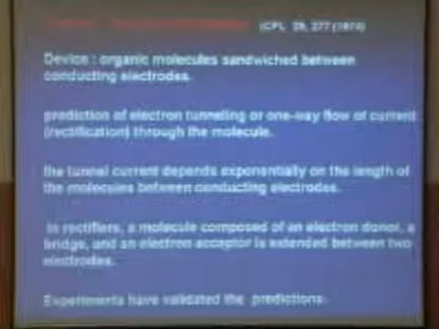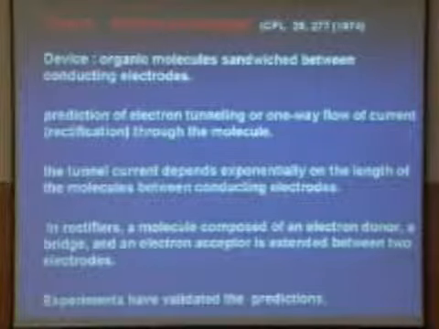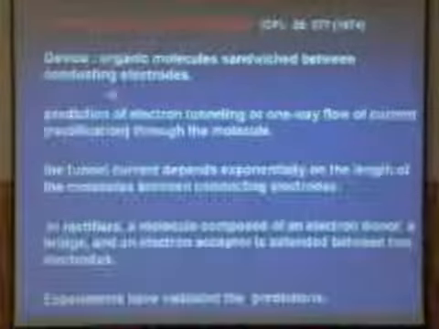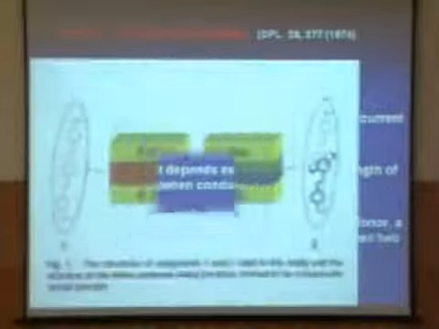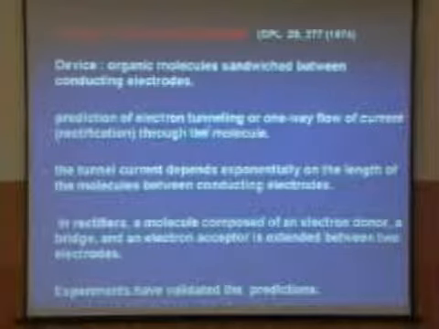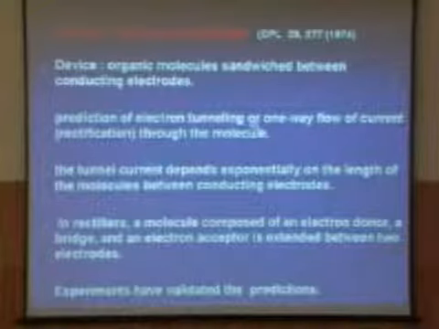This is a theory, and I can tell you this is the first time theory has led experiment, by about 20 years. Back in 1974, Aviram and Ratner predicted a molecular device configuration where you have a gold contact and a pi-bonded molecule, and similarly another pi-bonded molecule. For this configuration, they predicted electron tunneling or one-way flow of current, which we call rectification, through the molecule.